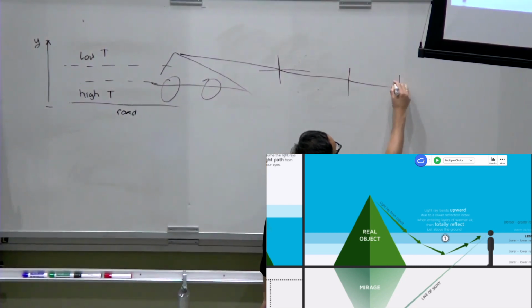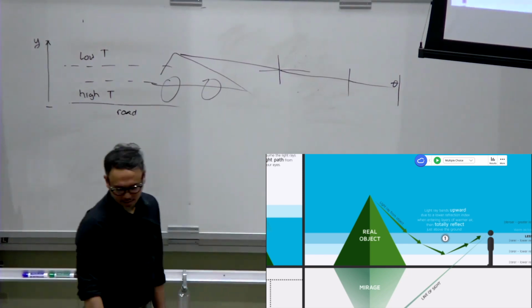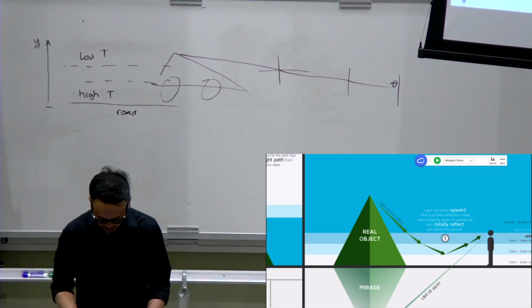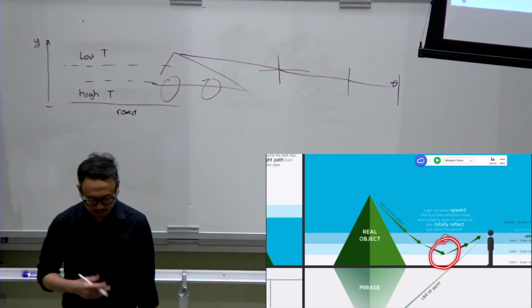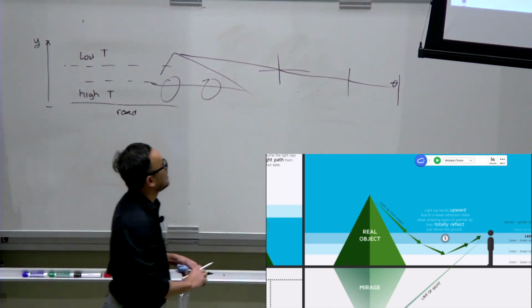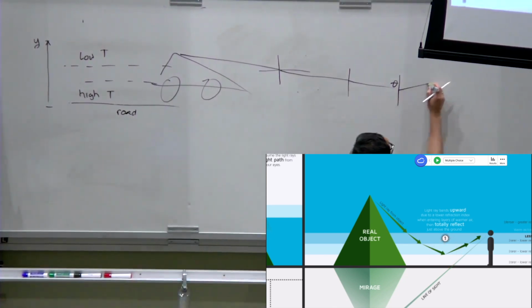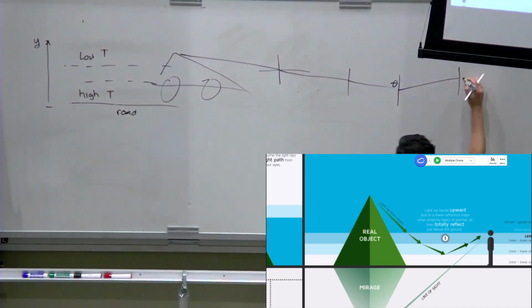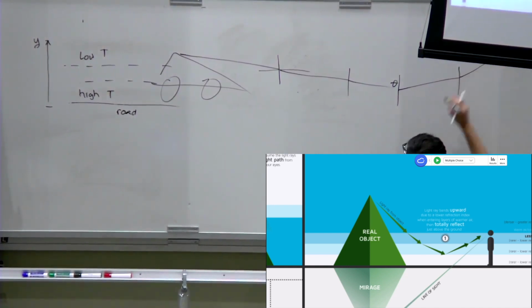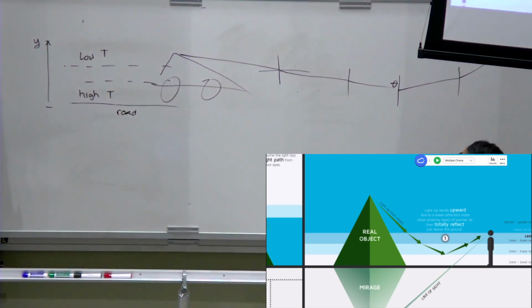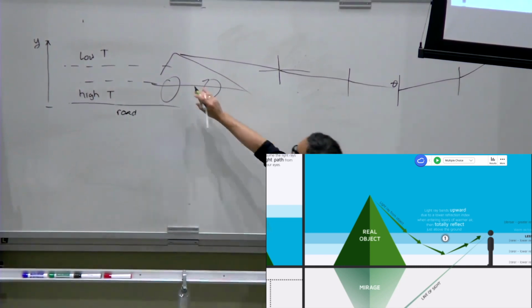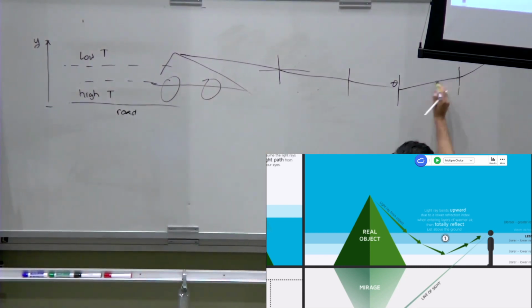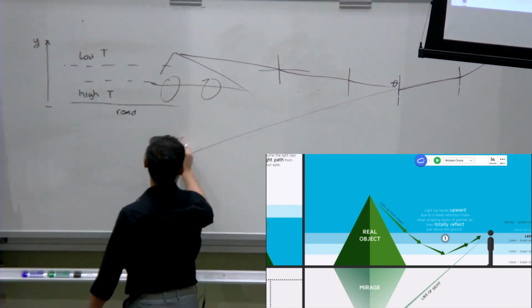At some point, it will reach the critical angle, which is here, and then there is no refraction. The light bounces. All of it gets reflected. And then let's say this is you. What you see, instead of seeing the Cybertruck here, is the Cybertruck here.